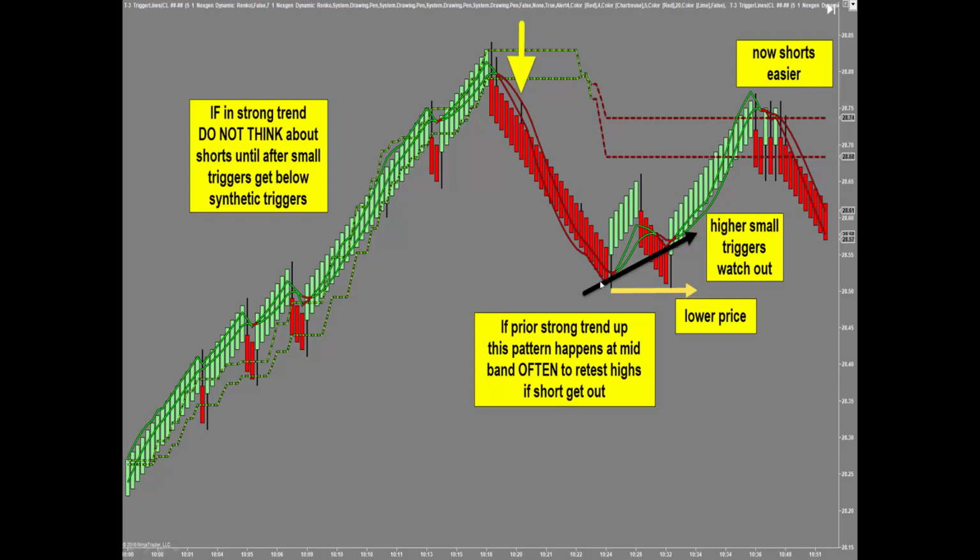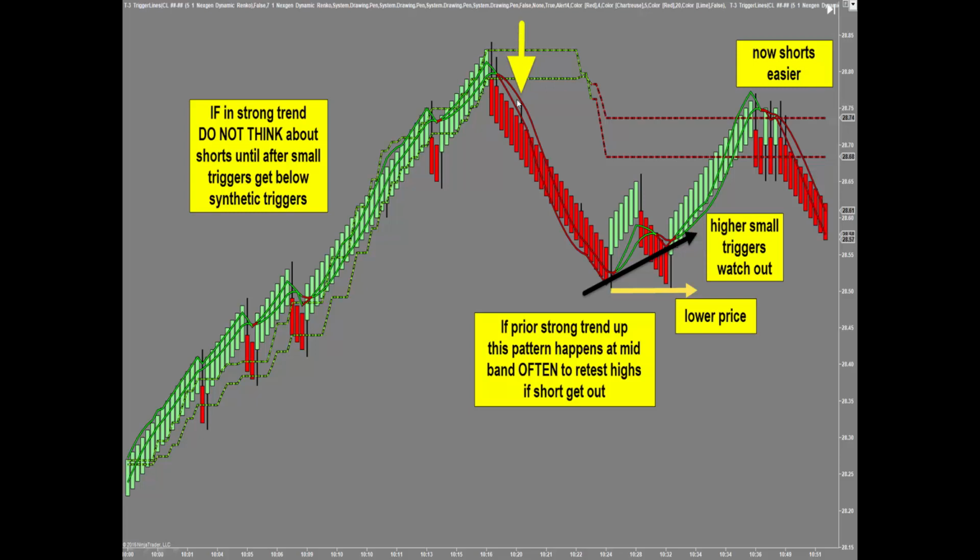Right? Now, as the market's coming down, if you're in a short position, recognize if you make a double bottom or close to it, if your small triggers are considerably higher than they were when you made the first low, this is generally after a strong run up where this higher small trigger line, and usually it's from an area, mid-band, or a 165 EMA, where the market will come back up to retest the synthetic triggers that are rolled over, and now we have some shorts that are going to be much easier for us.